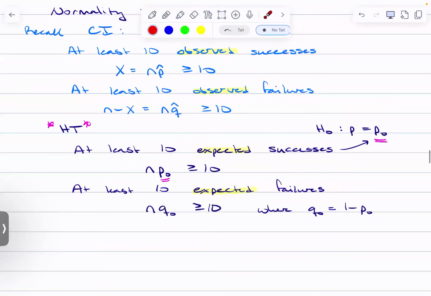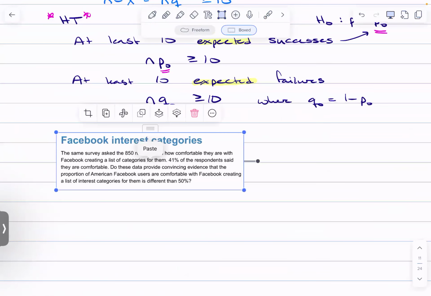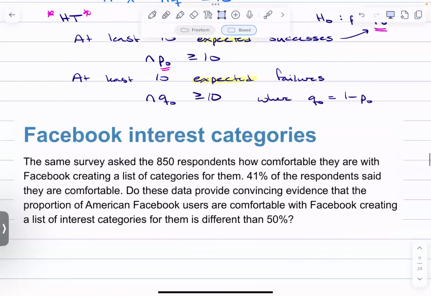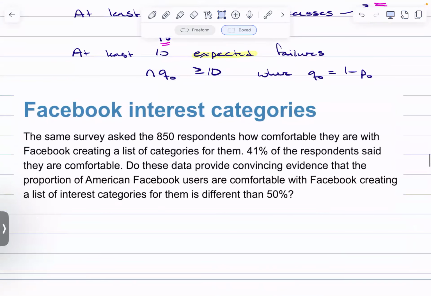Now I think we're ready to do an example. In fact, I'm just going to continue on this page. I am going to use this example to also outline what we would need to do for the steps of a hypothesis test in general.